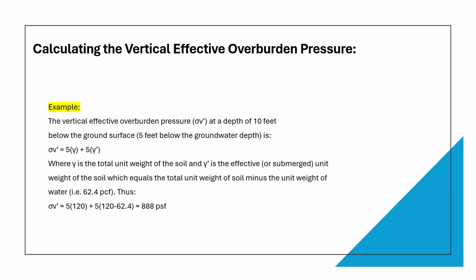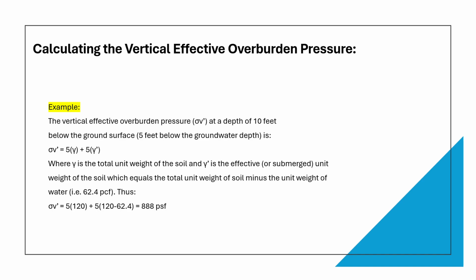Now, how to calculate the vertical effective overburden pressure. The vertical effective overburden pressure is the effective weight of soil above the point under consideration. The term effective means that the submerged unit weight of soil is used when calculating the pressure below the groundwater level.